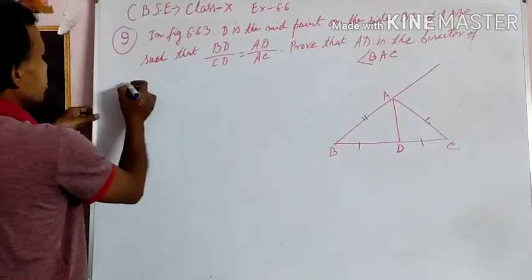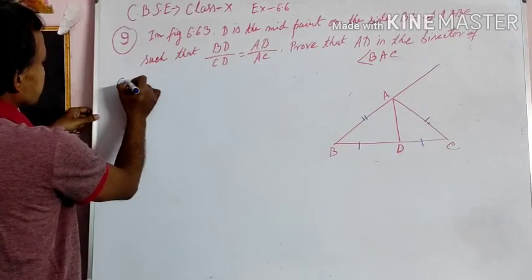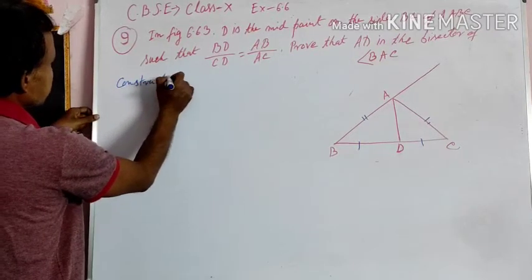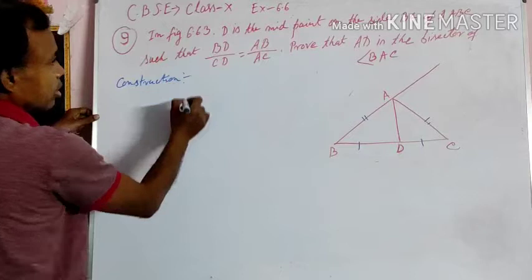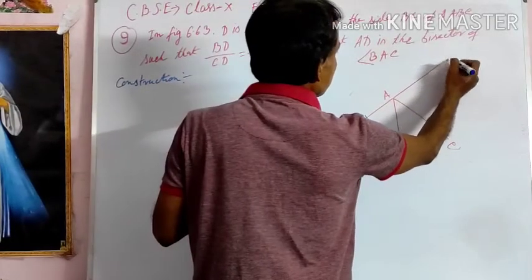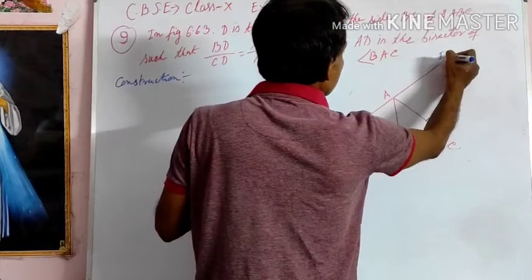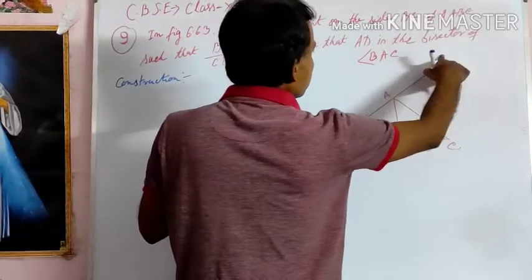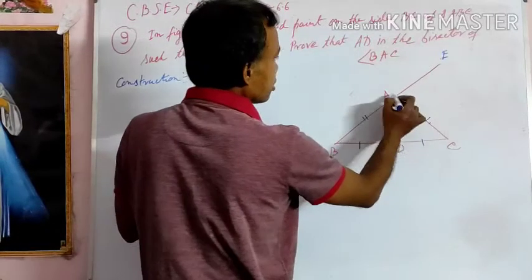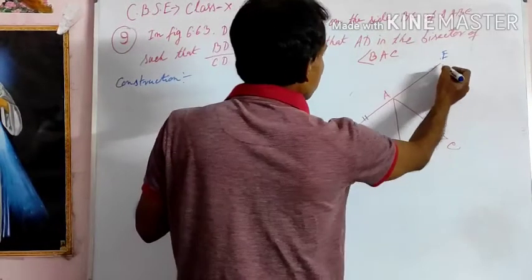Now construction. Let BA be produced to E such that AC is equal to AE. Now join EC.